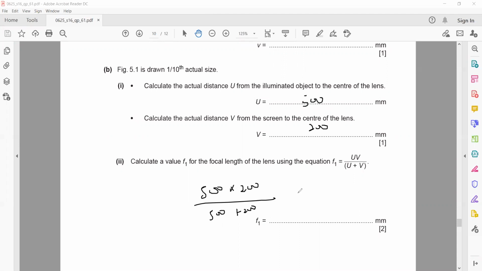Can you say the answer? 142 or 143? I can use, for example, 143.